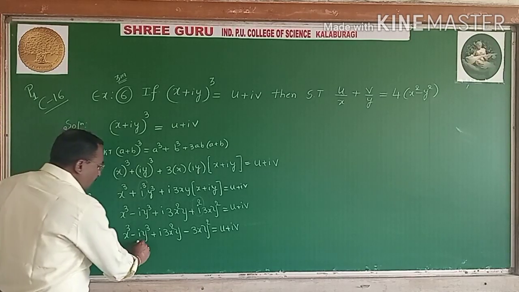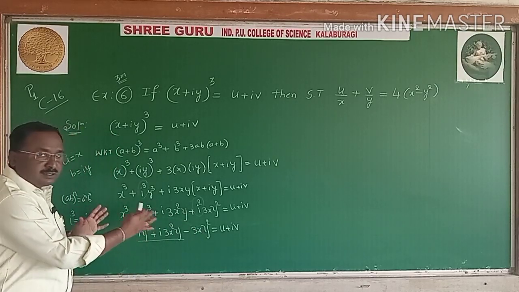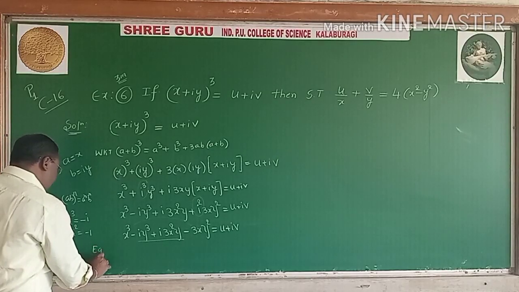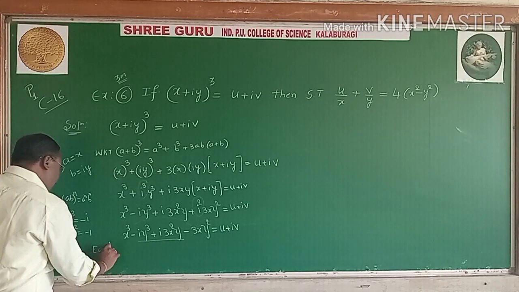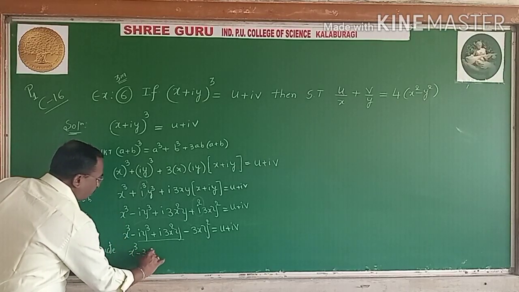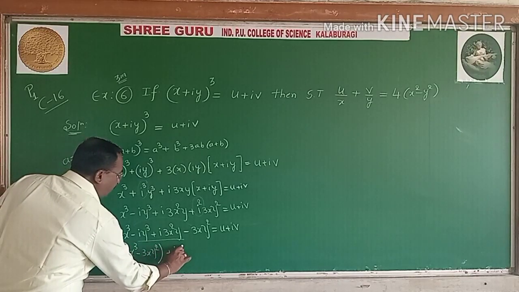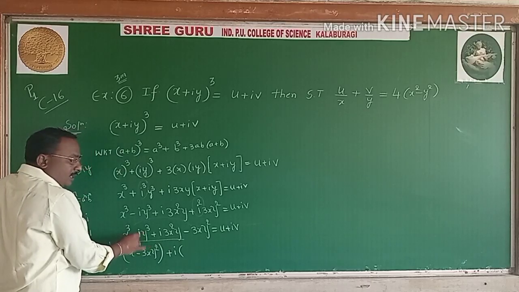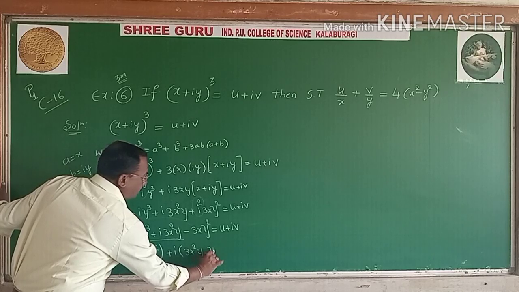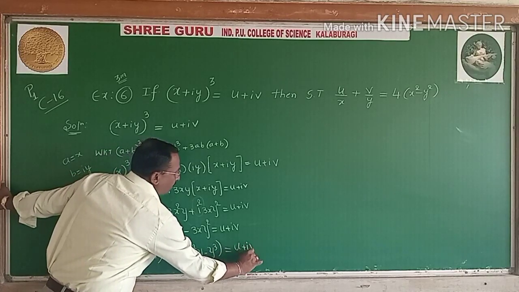Here these two are imaginary, these two are real. Equality of a complex number: separate real, separate imaginary. Equate real and imaginary parts. Real part: x^3 - 3xy^2, plus i taking common, first term positive, second negative: 3x^2 y - y^3 = u + iv.